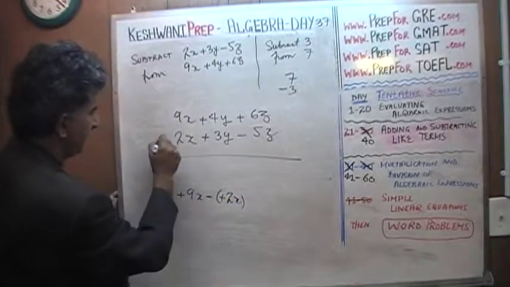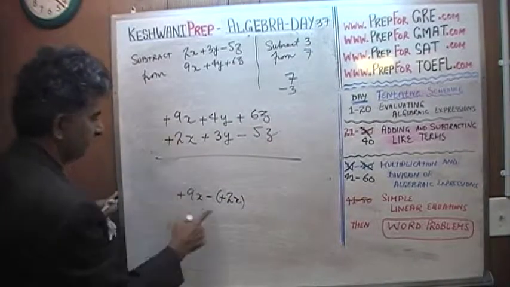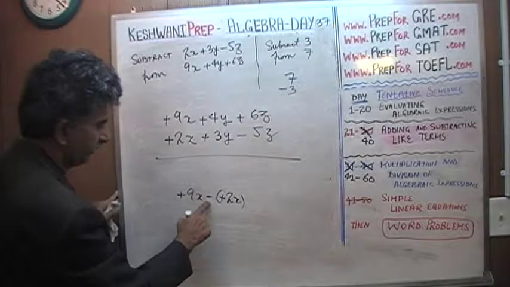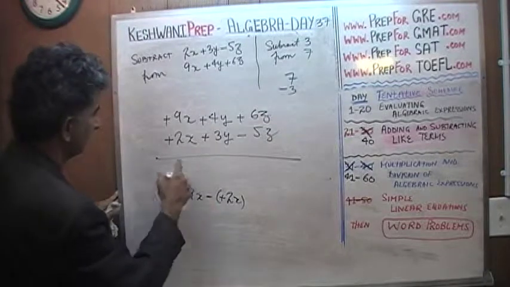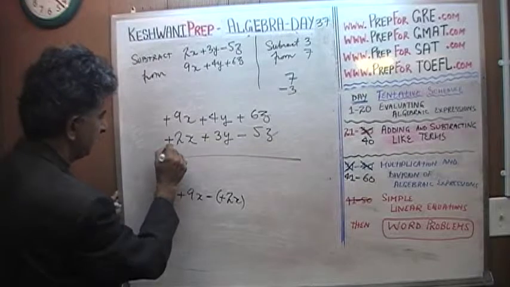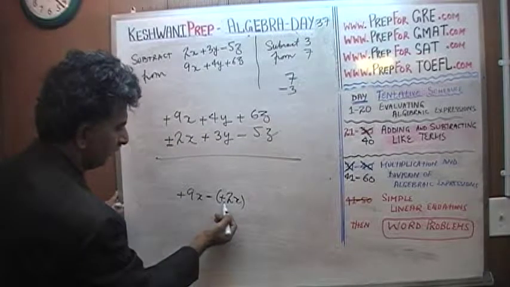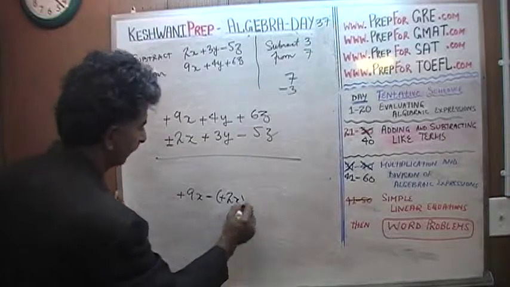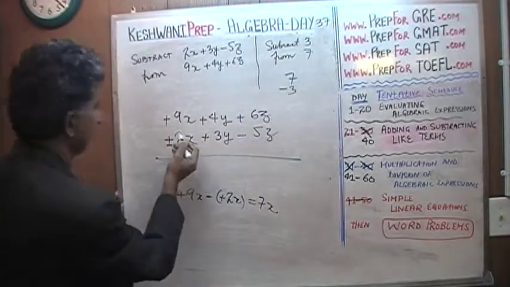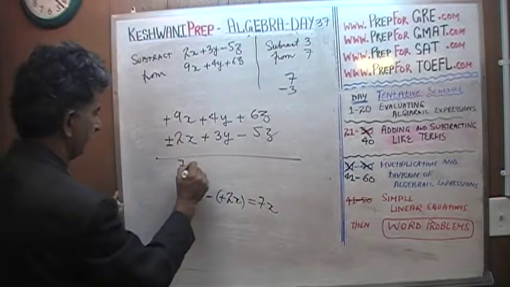See this positive 2 here, this one has a positive sign, this one has a positive sign. This positive 2 is going to become a negative because negative times positive is negative. So we have to change it underneath here. And this gives us positive 9x and a negative 2x is going to give us 7x. Which we can see here, 9x minus 2x is going to give us 7x.